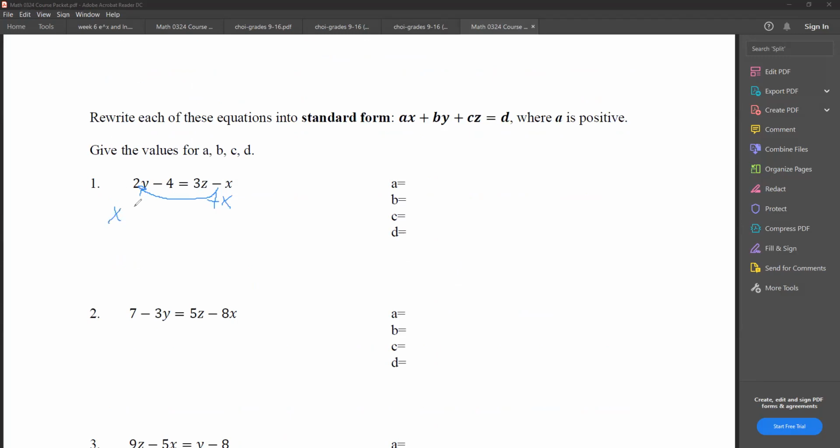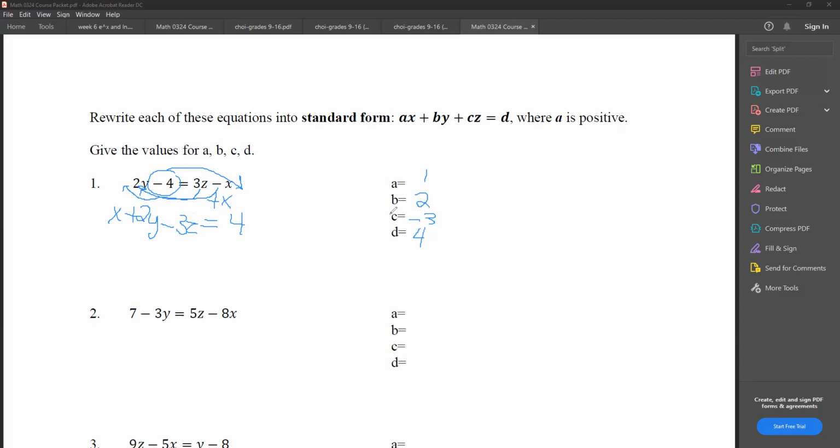So this is x plus 2y. Then the 3z gets moved over, and whenever you move anything over, you change the sign, so it's minus 3z. The 4 has to be moved to the other side, so it becomes positive 4. So if I set this in order, A is 1, B is 2, C is -3, and D is 4.